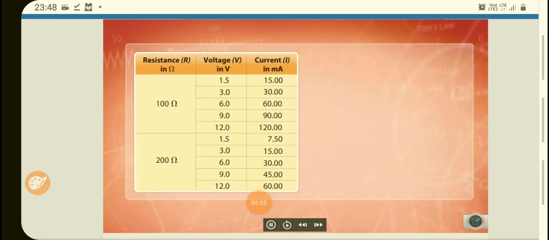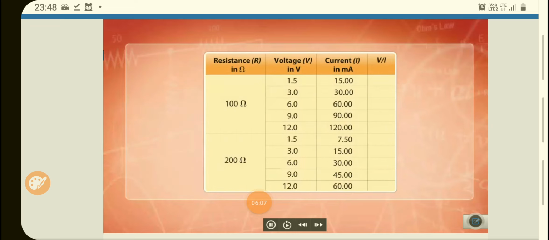Let's calculate the ratio of the voltage to the current for each of the resistances. You can see from the table that the ratio is constant. We can therefore generalize that the ratio of voltage to current is always constant for a given resistance. We have thus verified Ohm's law.